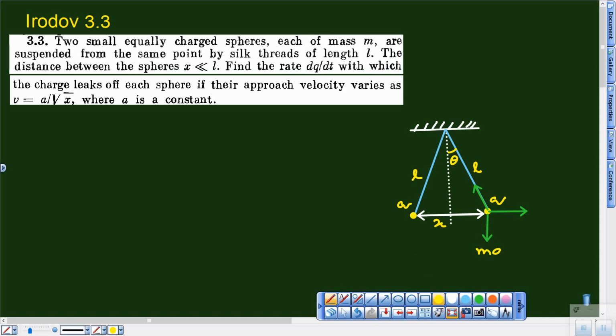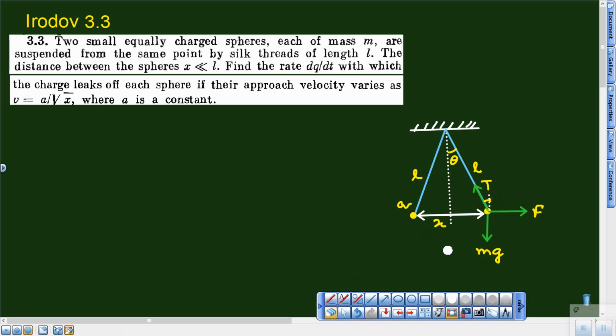This is mg, this is the Coulombic repulsion F. For the time being I am calling it F. I'll write the expression for it later when I manipulate them in the algebraic expressions. So if I draw the vertical through this, then alternate angles are equal. That's why this angle will also be theta.